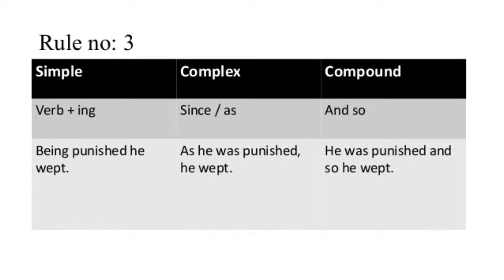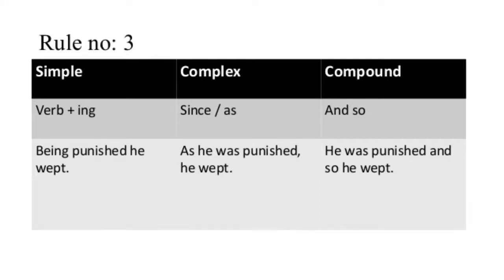Now look at the example for simple sentence. In rule 3: Being punished, he wept. As it is verb plus ing, it starts with "being" in simple. In compound sentences: He was punished and so he wept.